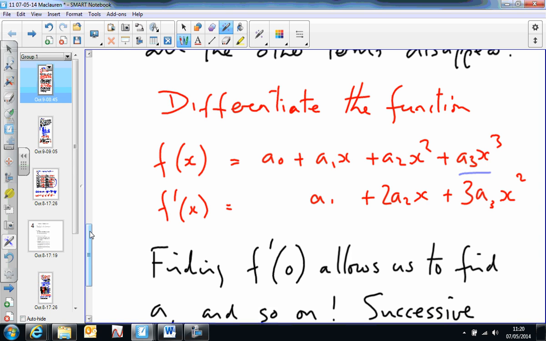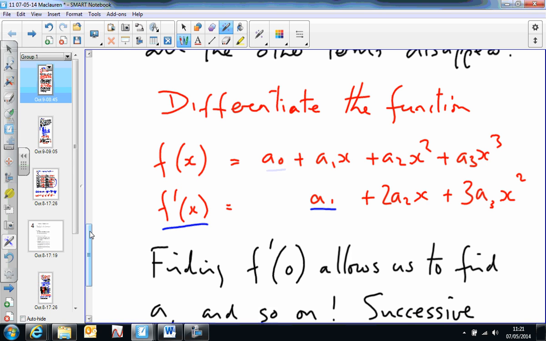Now, if we find the value of the differential when x is 0, again, any term involving x disappears, and we can find a1. So in the original function, if we let x equal 0, we can find a0. In the first differential, if we let x equal 0, we can find a1.